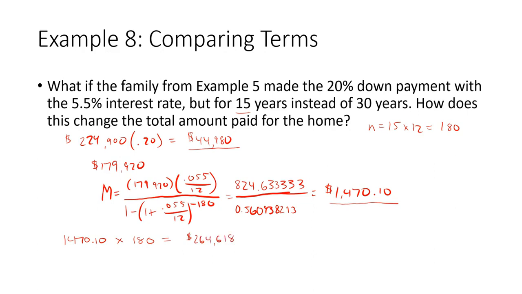And then we add our down payment of $44,980. So the total cost of the home, $309,598. Almost $100,000 less than the 30-year mortgage. Now the monthly payment goes up significantly, but if you can afford the monthly payment, you'll save $100,000 on the home, and you'll have it paid off sooner.